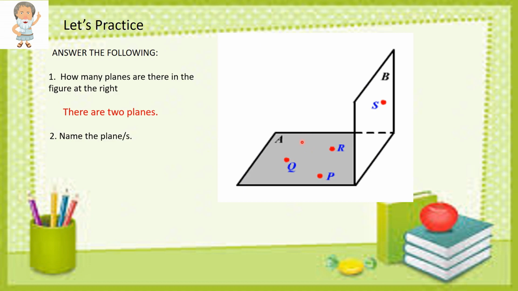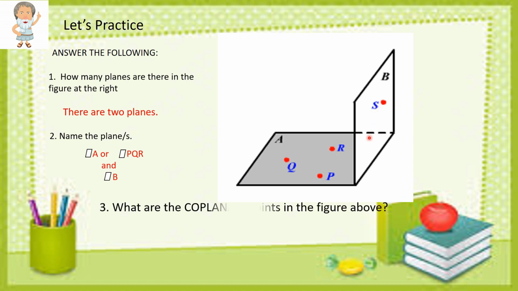So this plane can be named as plane A or plane, let's check the answer, plane QRP or PQR, or any combination of these 3 letters. And this plane is named as plane B. So just plane B, since we only have 1 point here in the plane.